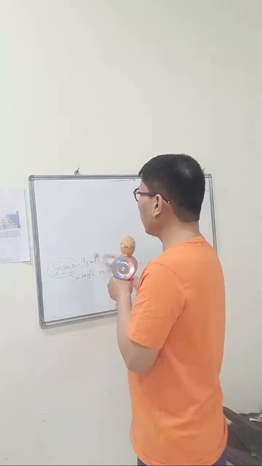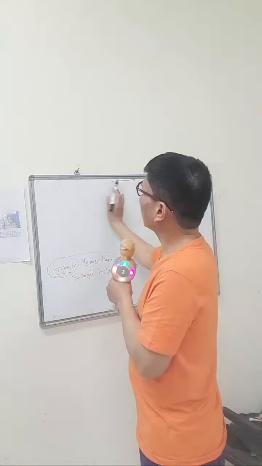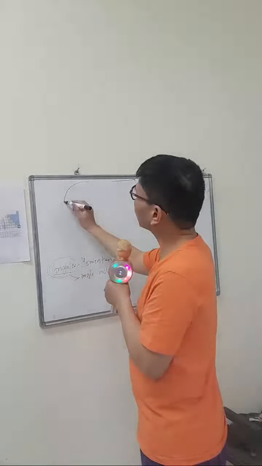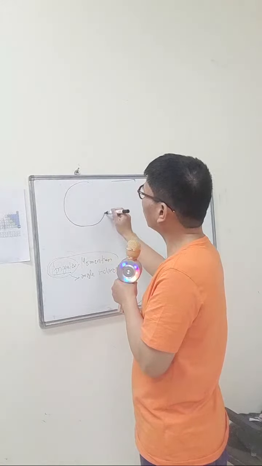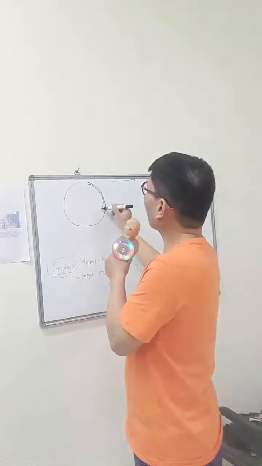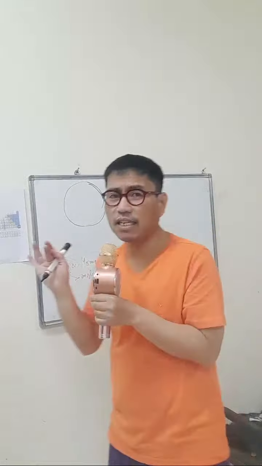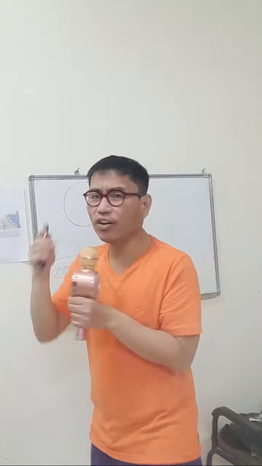So for example, if I have the angular momentum like this, I have here a circle, a full, big circle. Guys, we need to remember trigonometry again.